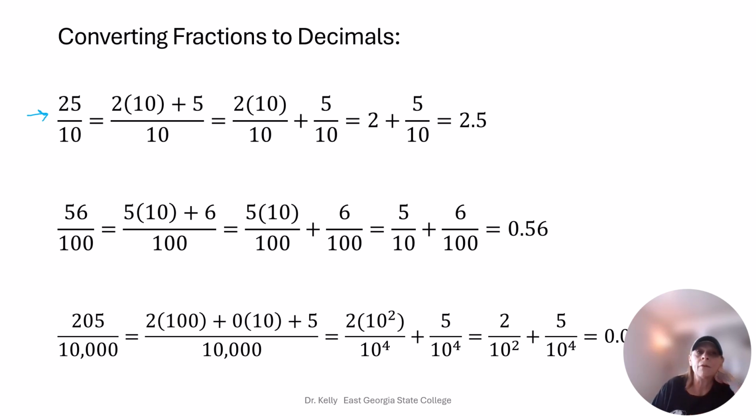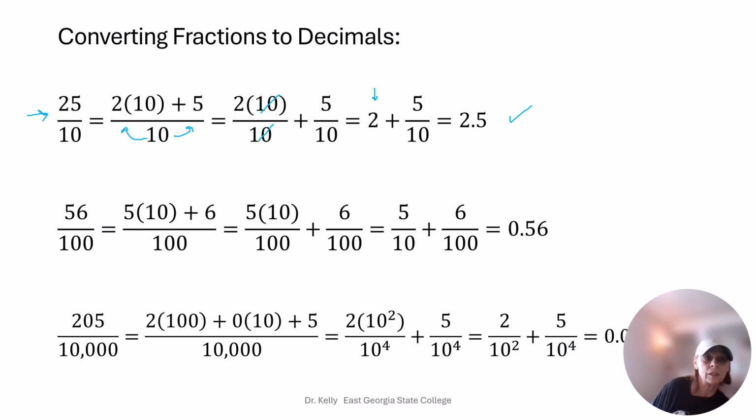Remember, when you have an operation on top of one denominator, that denominator actually belongs to each piece in that operation. So I split those 10s over, and then notice 10 divided by 10 actually canceled out, and that gave us this 2 right here, which I carried over, and this 5/10 would be 0.5, and that is the way that we did it.